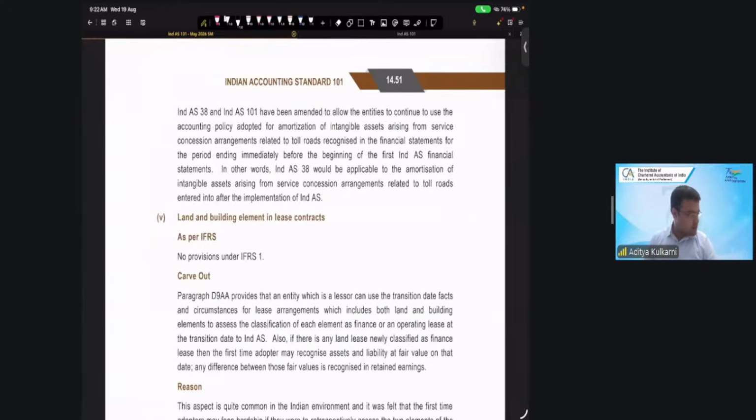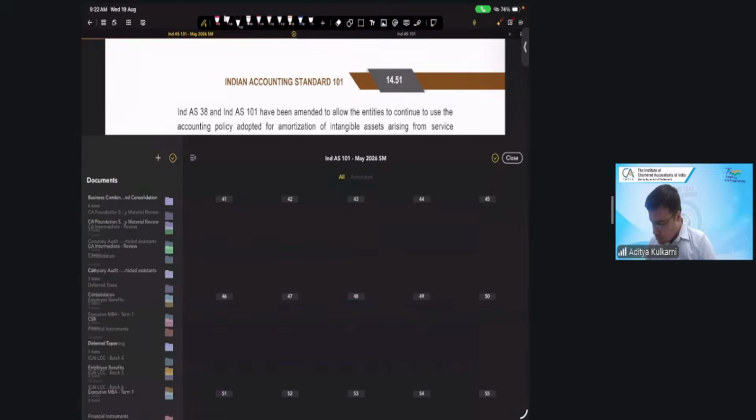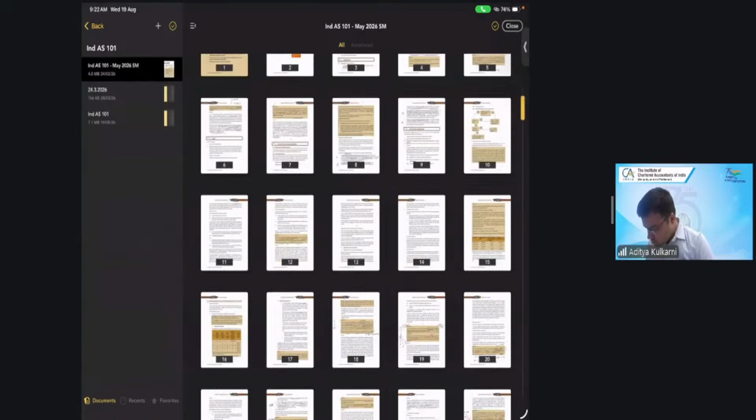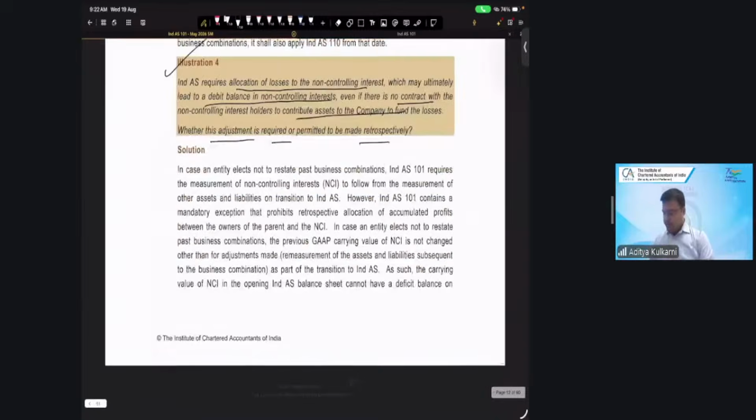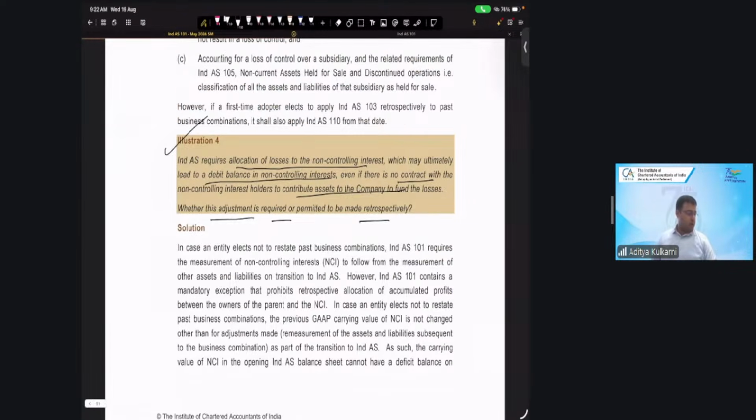Illustration. Ind AS requires allocation of losses to the NCI, which may ultimately lead to a debit balance in NCI, even if there is no contract with the NCI holders to contribute assets to the company to fund the losses. Whether this adjustment is required or permitted to be made retrospectively.